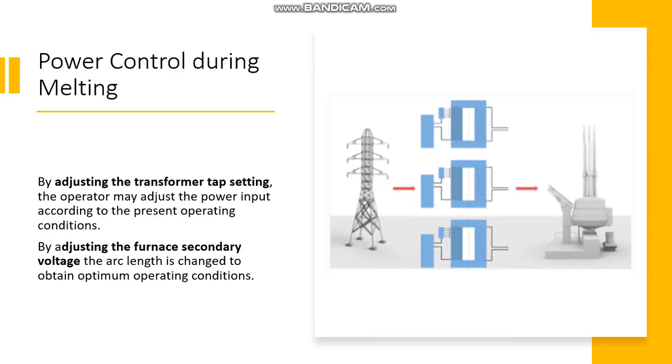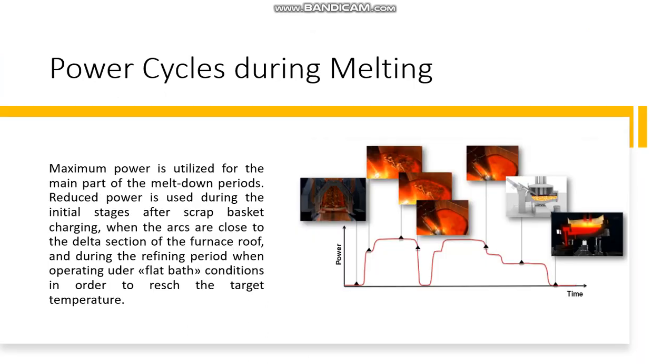By adjusting the transformer tap setting, the operator may adjust the power input according to the present operating condition. By adjusting the furnace secondary voltage, the arc length is changed to obtain optimum operating condition.